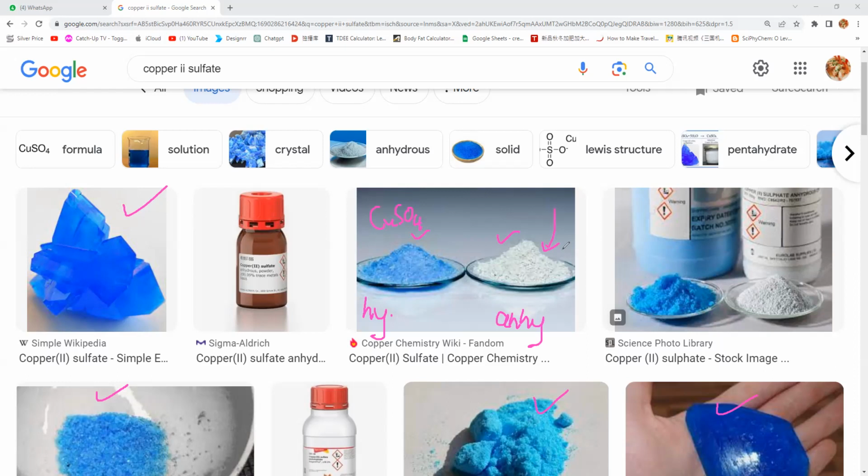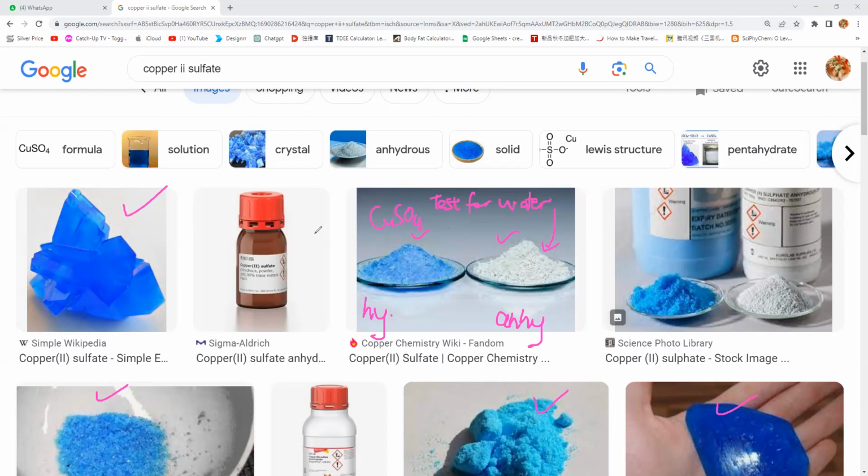Also, a good thing to know, especially for those who are tested for QA: these two salts can be used to test for water. What do I mean?